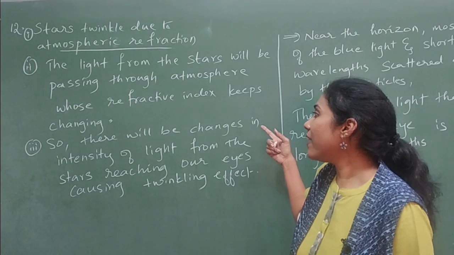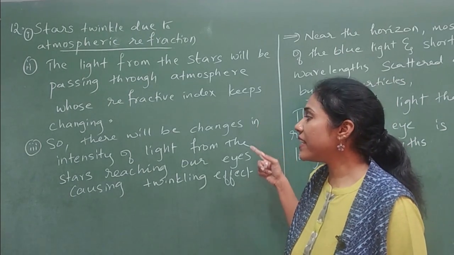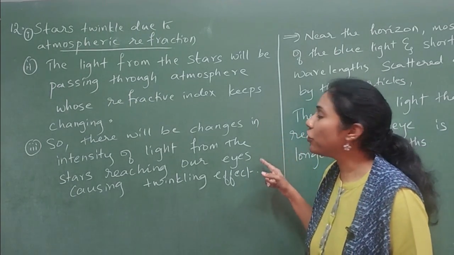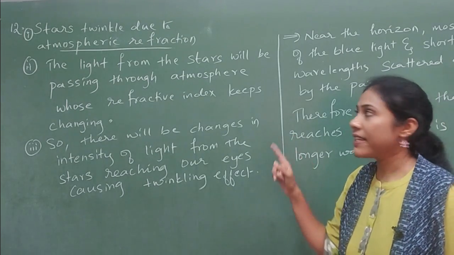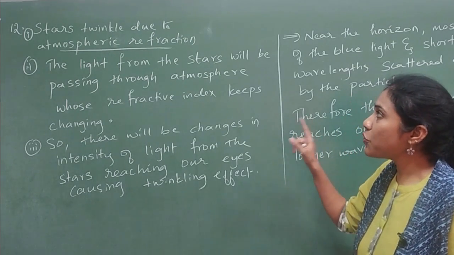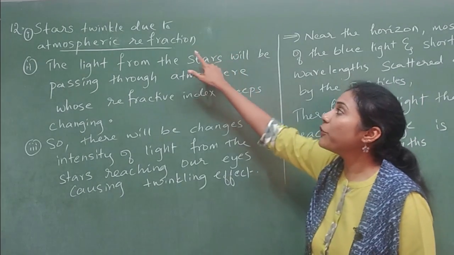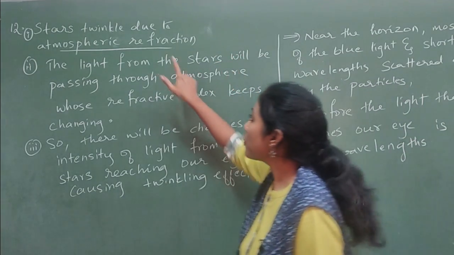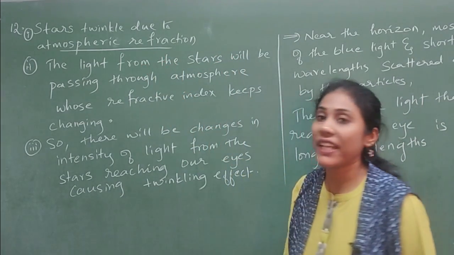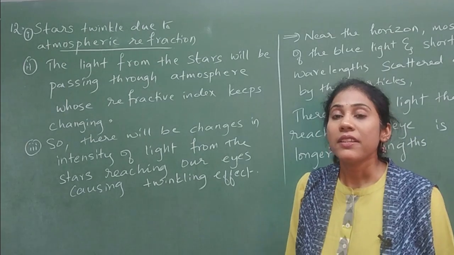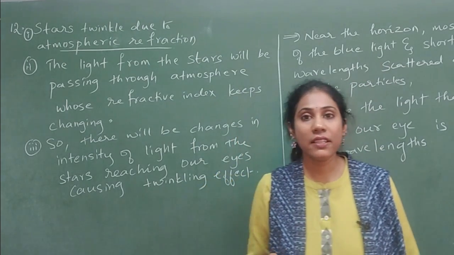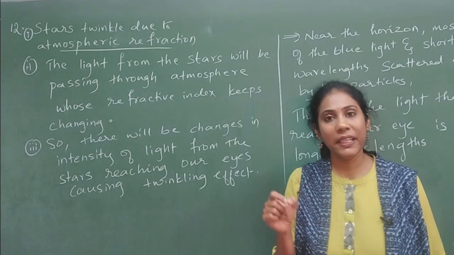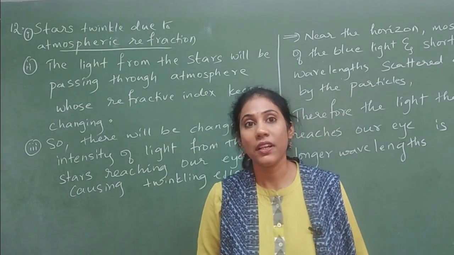So guys, here I have written the points in a very simple way. You can note it down or you can take a screenshot. See, I'll read out all the points and explain to you. Stars twinkle. It's mainly due to atmospheric refraction. So this word atmospheric refraction is a key word here. See, the atmosphere contains many particles, like there are so many gases, dust particles and many different chemical compounds, right?